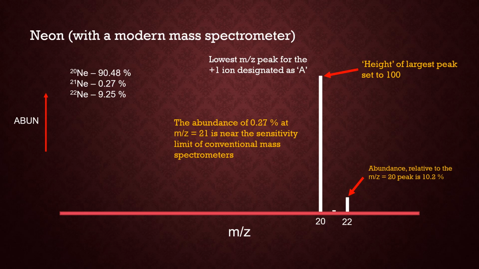In this particular case, the isotopic satellite line at 22 is designated as the A+2 line. The line at 21 would be the A+1 line. Since this has a second isotope that's prominent at the A+2 position, this would be considered an A+2 element.